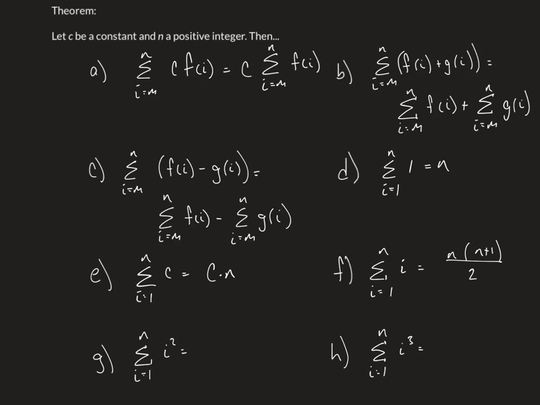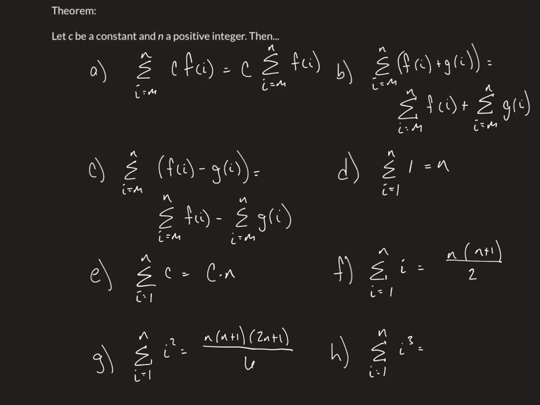And so this is a formula we can use to replace this summation, something algebraic that we can actually calculate here. If it's an i squared instead, then it's n times n plus 1 times 2n plus 1 over 6.